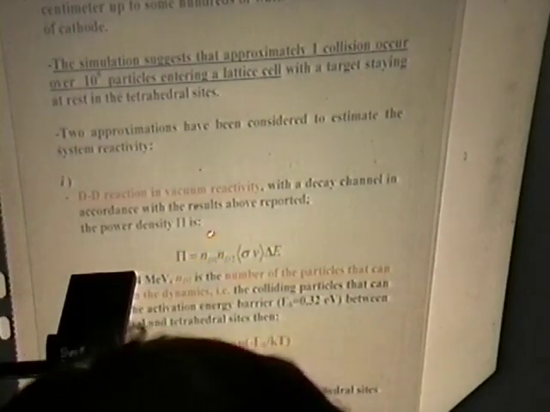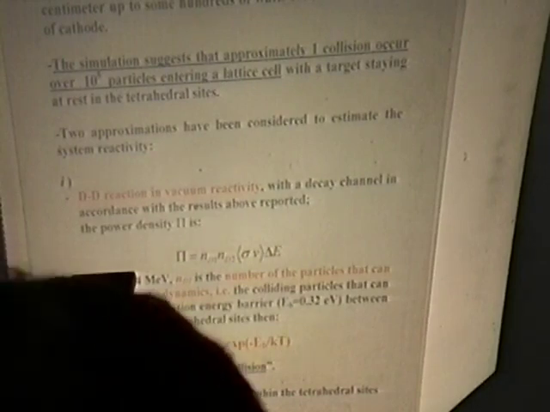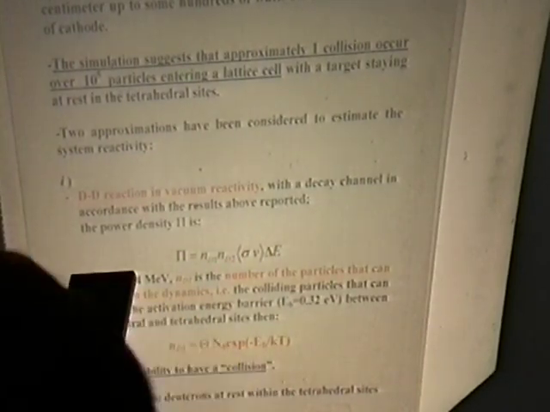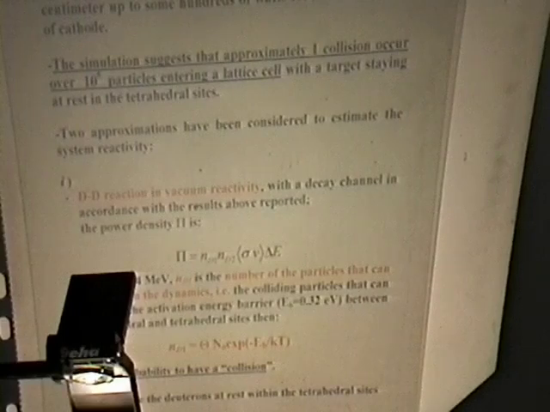We can use the classical relationship when we have two particles in two different populations at two different energy levels, ND1 and ND2, where ND2 is the population at rest, I mean the target in the tetrahedral site, and ND1 is the population of the shock, so the particles that diffuse and enter the system and are accelerated by the electric field.